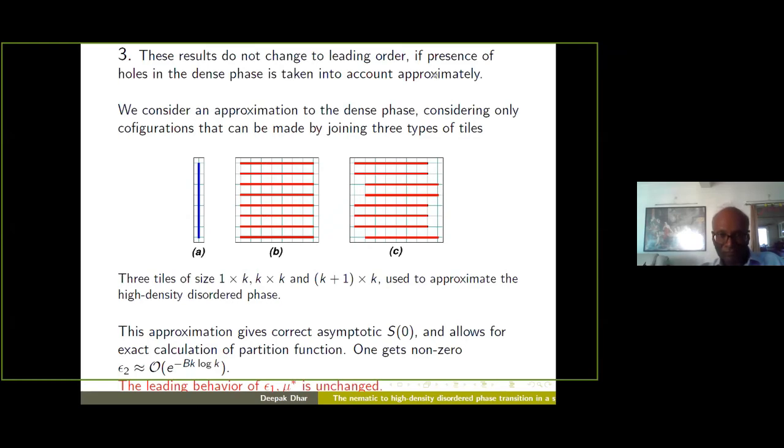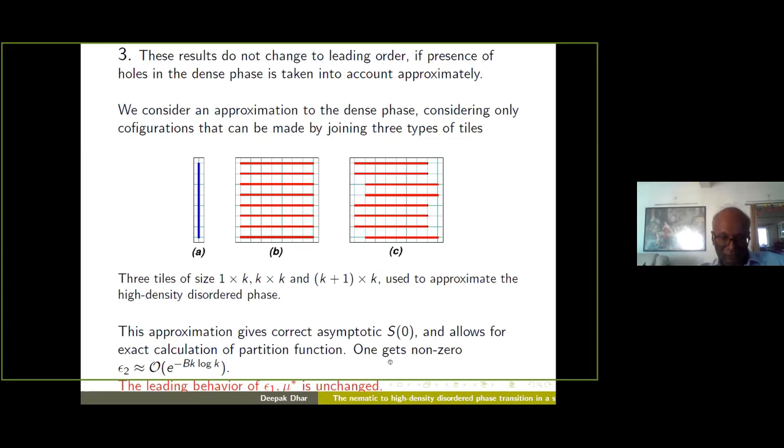So we consider an approximation to the dense phase, so we consider tiles which look like this, and you can make a long strip of length k by joining these tiles at random, and then make a 2D lattice by joining strips of such types. But the advantage of this construction is that you can calculate the partition function exactly when you have this restricted set of configurations over which you work.